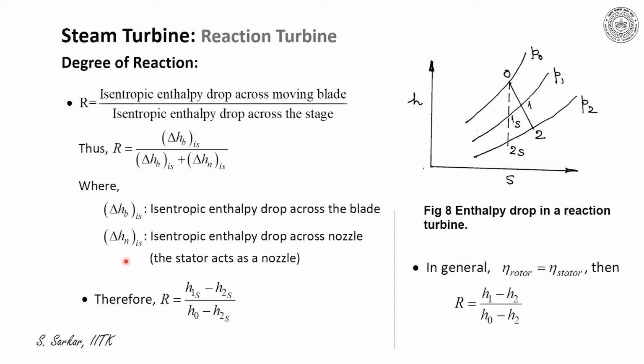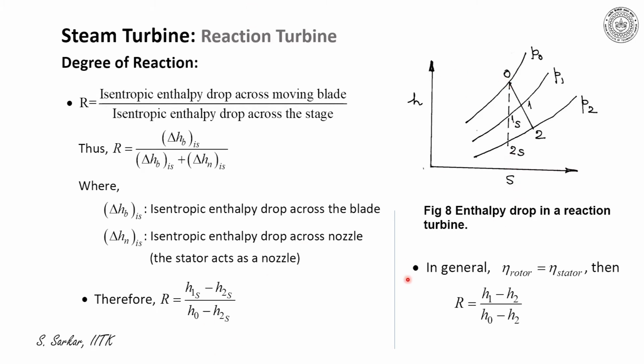Thus, R can be stated as H1s minus H2s divided by H0 minus H2s. So please note that R is the ratio of H1s minus H2s divided by H0 minus H2s.